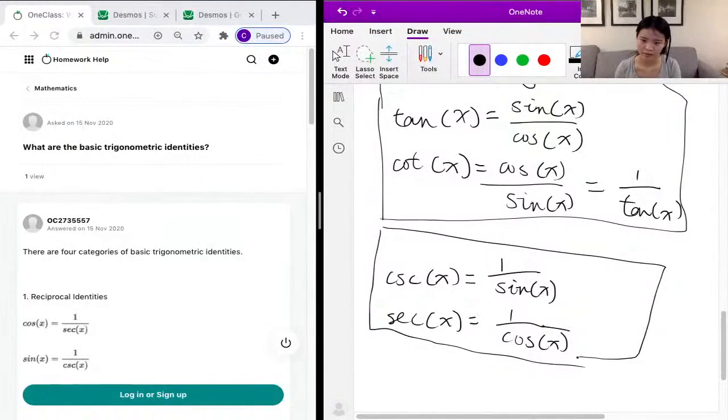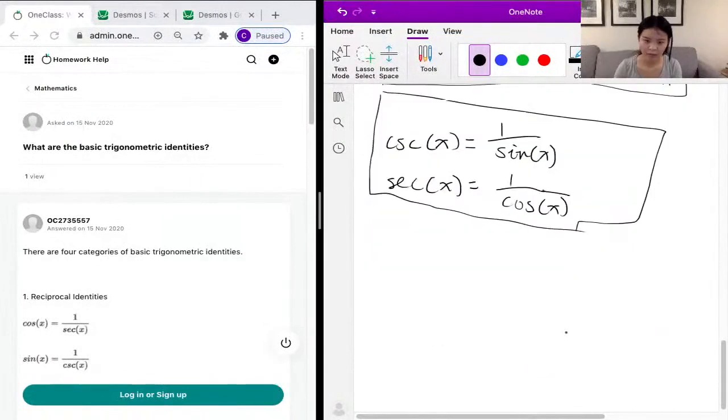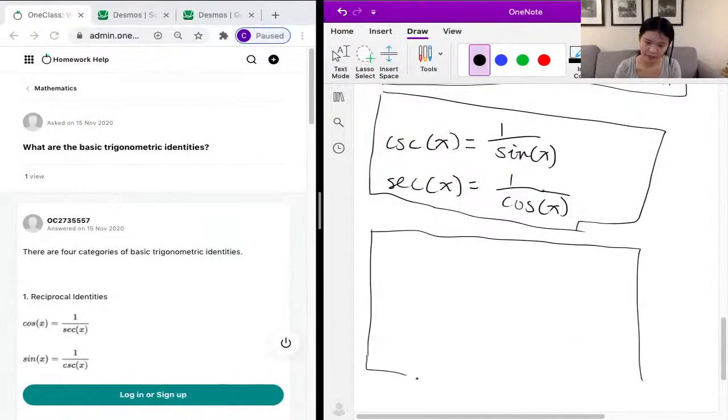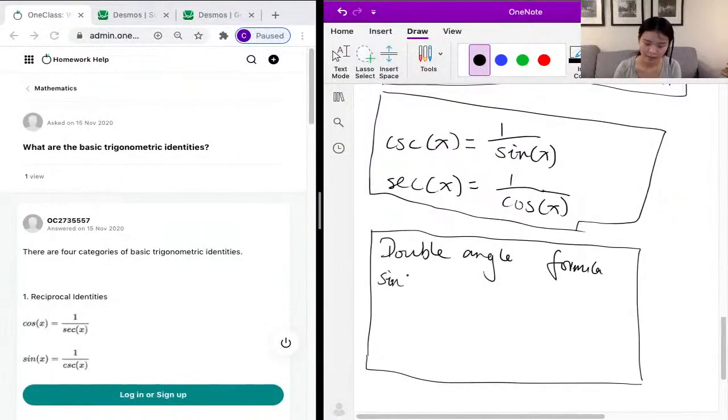And some other trig identities include the double angle formulae. Let's write another box over here. The double angle formulae. There are three main ones. The first is sine of 2x is equal to 2 sine of x cosine of x.